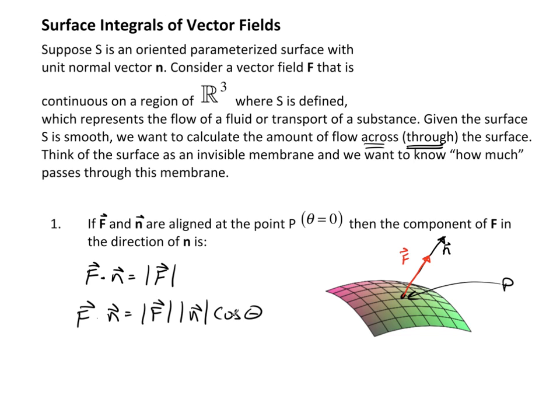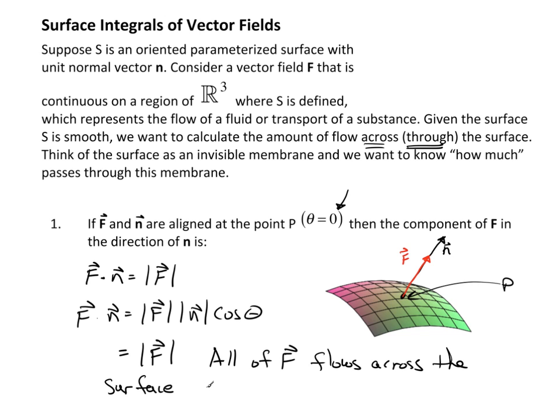Cosine of 0 is 1, so this is nothing more than the magnitude of F. In other words, all of F flows across the surface in the direction of that unit normal vector. Everything goes through in that direction.